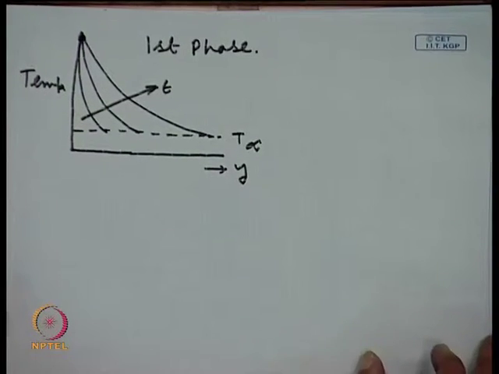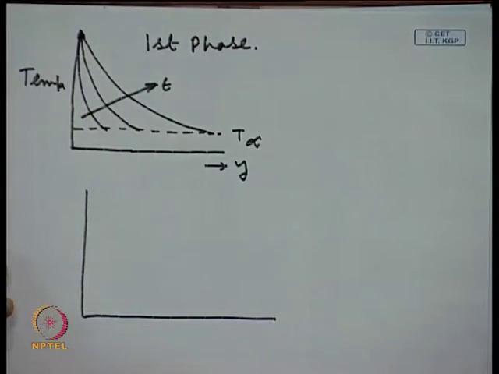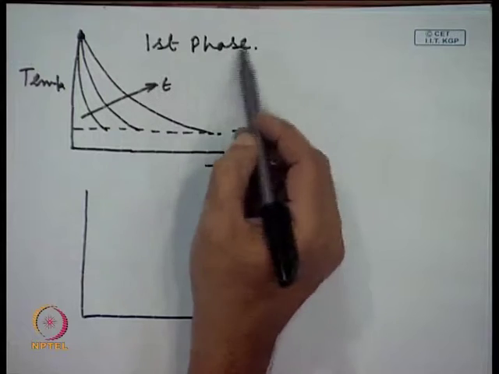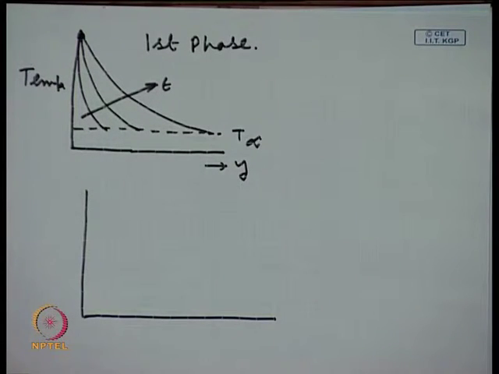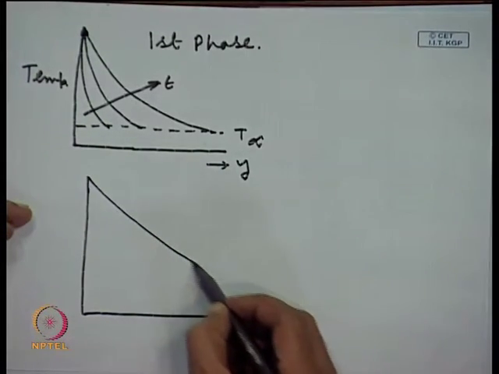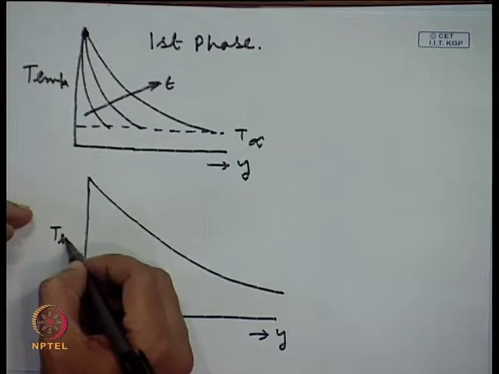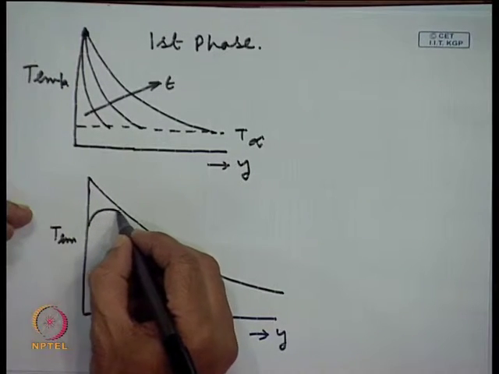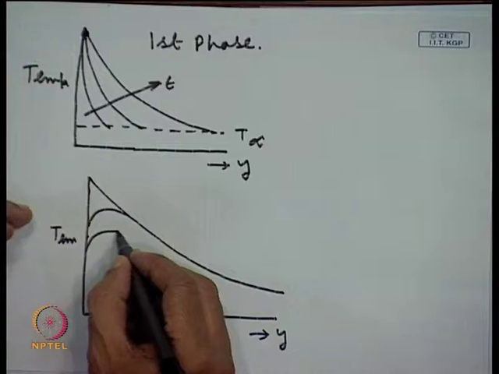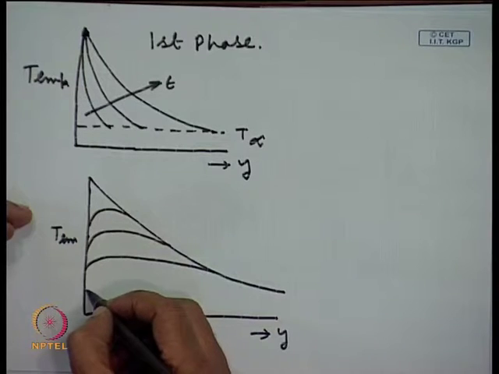In the second phase, or what we can say is that this also holds good for the waiting period when we are preparing the thermal boundary layer. In the second phase or in the growth phase, particularly when it is heat transfer controlled, what will we get? We have started from this curve, this is your temperature, and with time we will get something like this.